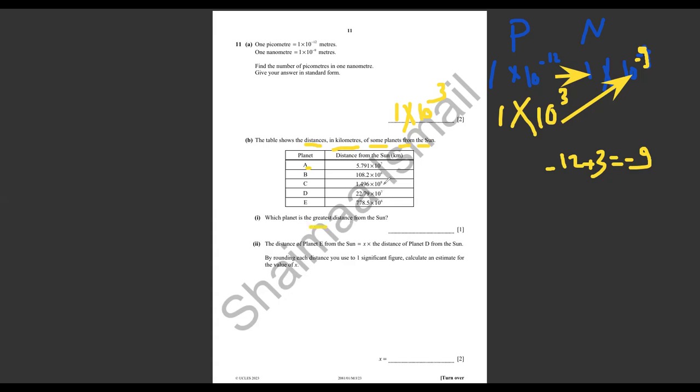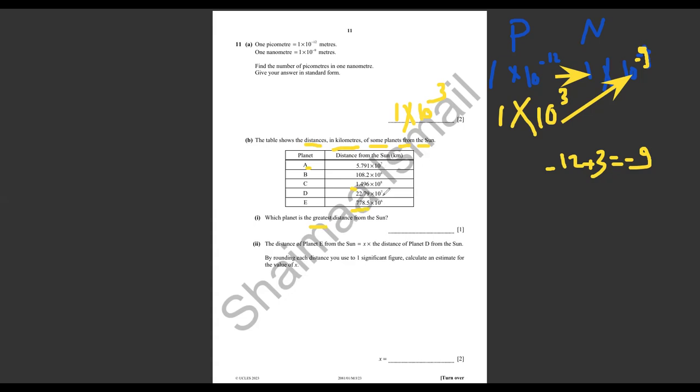The greatest distance has the greatest power. Here we have power 8. But remember, some numbers are written in standard form and some numbers are written in 3 digits, so this will be power 8 also in standard form.